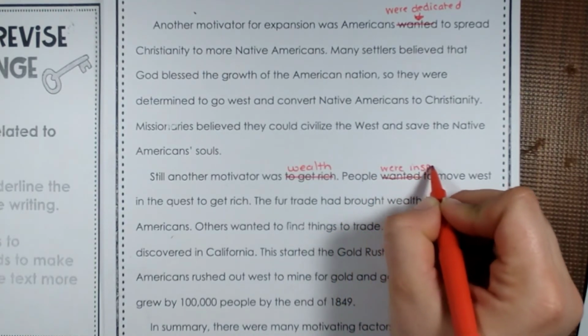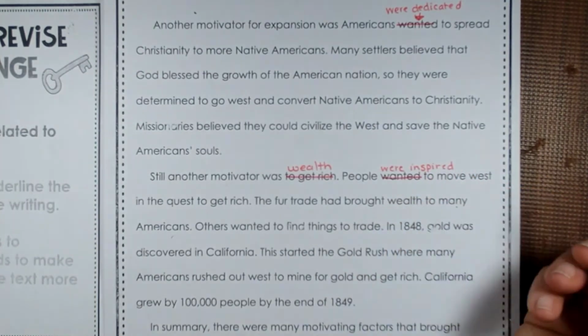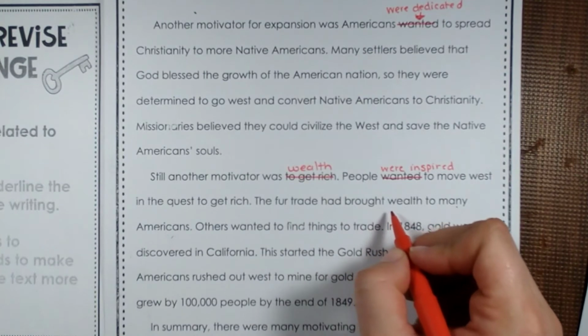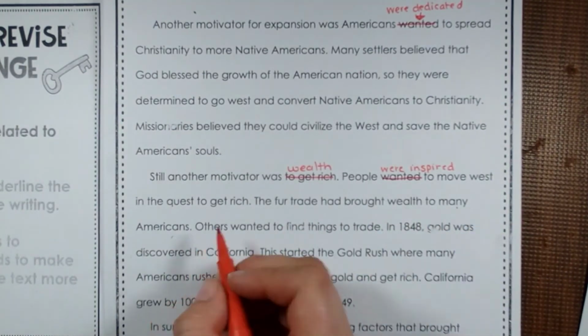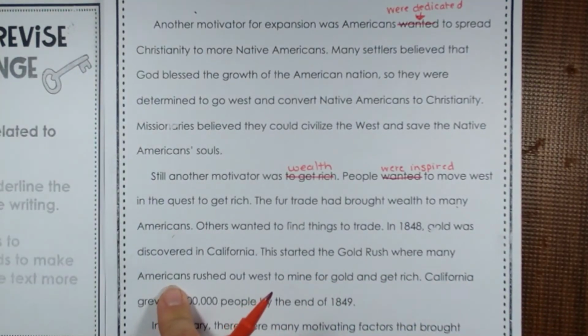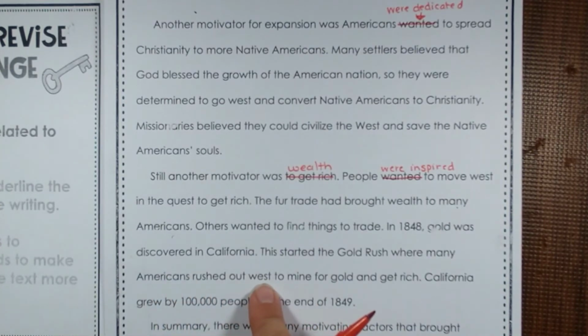We were inspired to move west in the quest to get rich. The fur trade had brought wealth to many Americans. Others wanted to find things to trade. In 1849, California, where many Americans rushed to the west. I don't like the way that sounds.